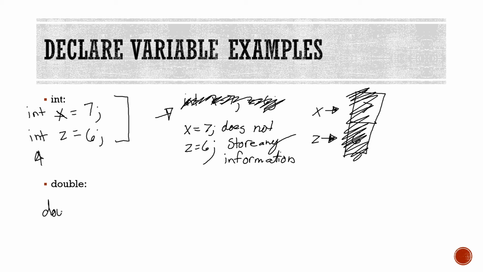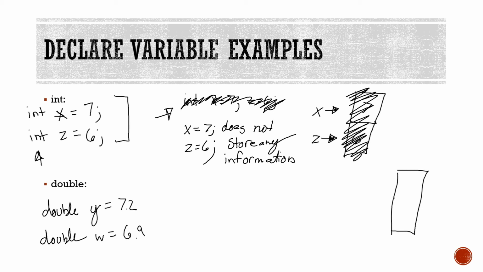So same thing for double. You can do the same exact thing for double. Let's say this is y, let's say it's 7.2, double, and let's say w, 6.9. So what we're doing is we're allocating space in memory.